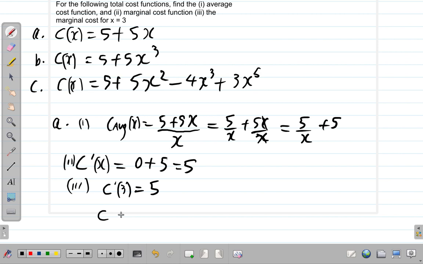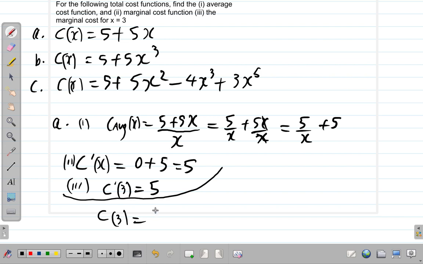C, the cost of 3 using the total function. Remember, this one was the derivative. This is not the one we're concentrating on now. Let's use the total cost function and find it by finding the cost at 3 and the cost at 4 and subtract them. It's not supposed to be exactly the same, well, in most cases, but we will see.